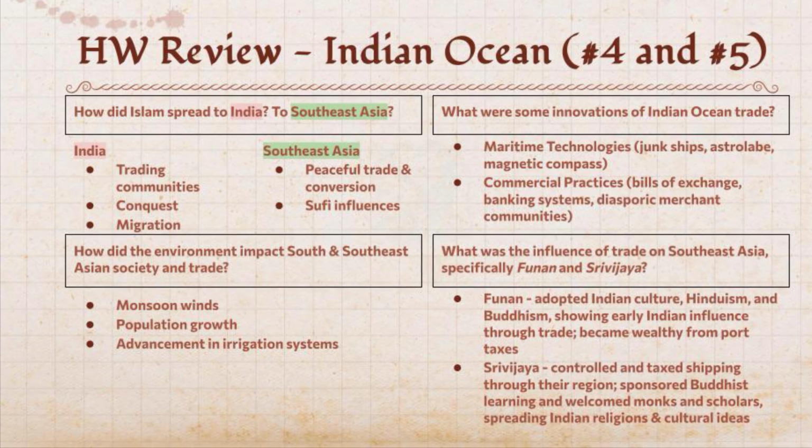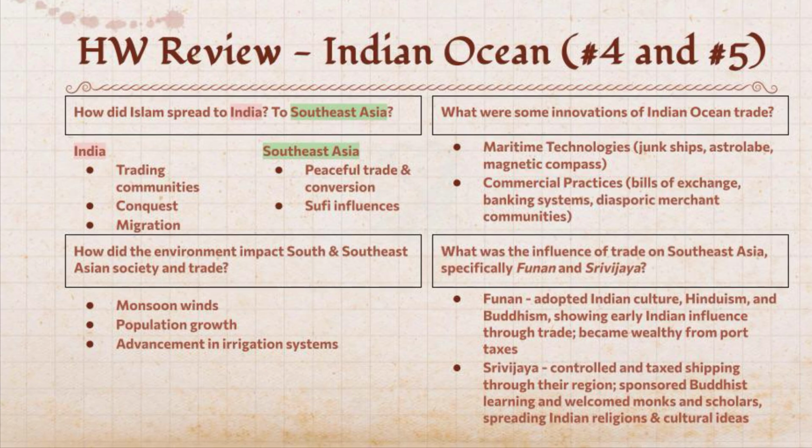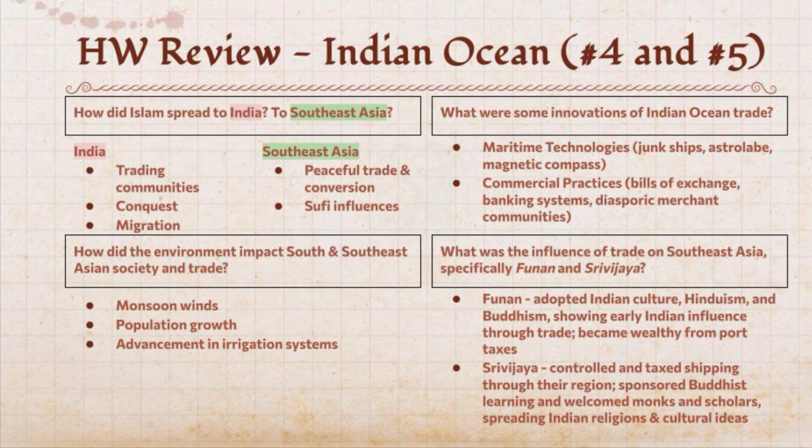Srivijaya is a city that we looked at in the last unit, which is a sea-based empire. They are going to be a powerful Malay kingdom centered on Sumatra that's going to dominate the Strait of Malacca, which is going to be the main maritime route between the Indian Ocean and China.